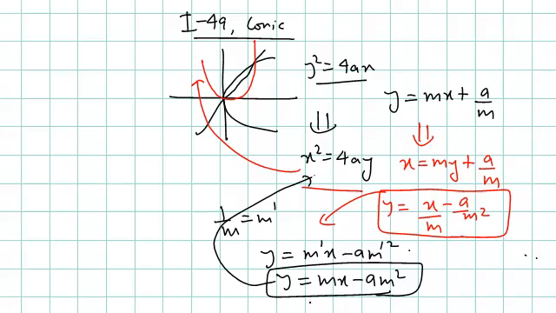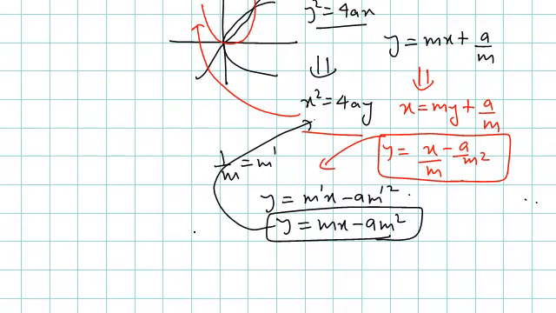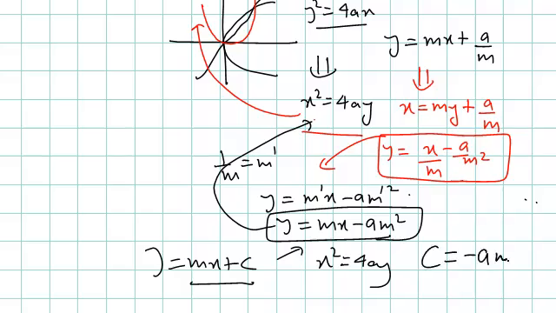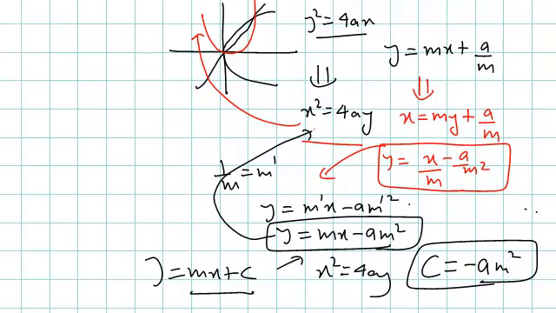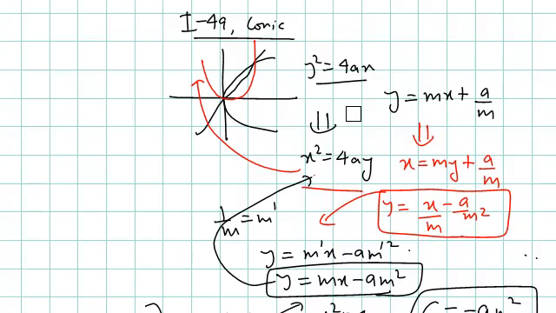So the condition for a line y equal to mx plus c to touch this parabola x square equal to 4ay is, if you compare these two, c equal to minus am square. This is the constraint, this is the condition, right? We'll use this condition later.